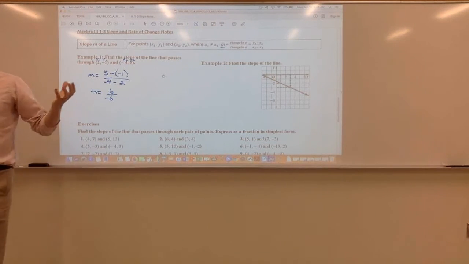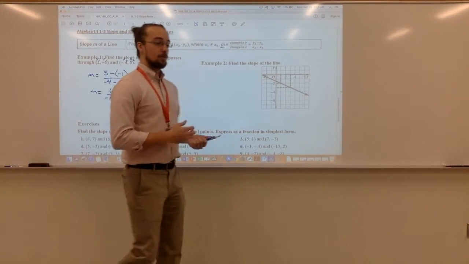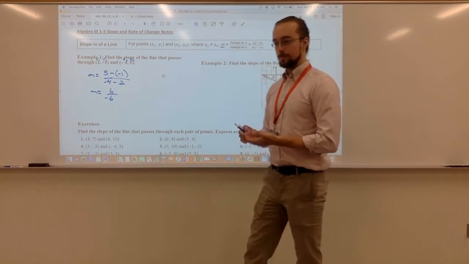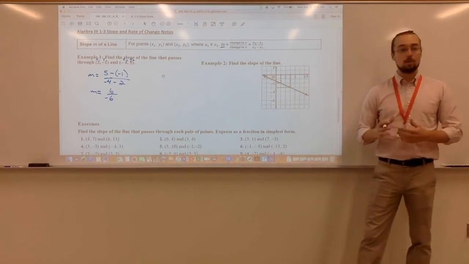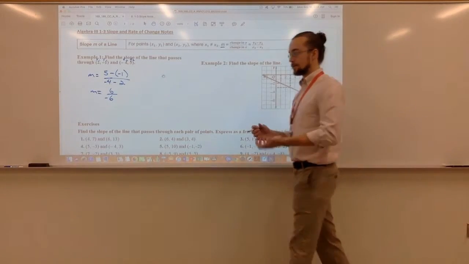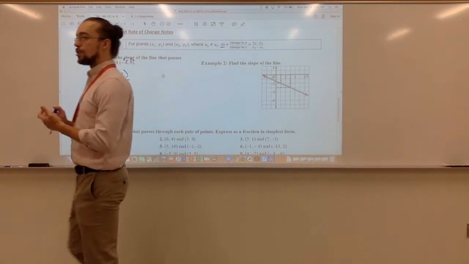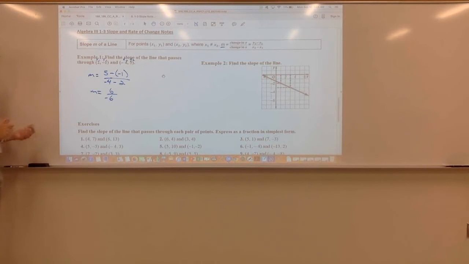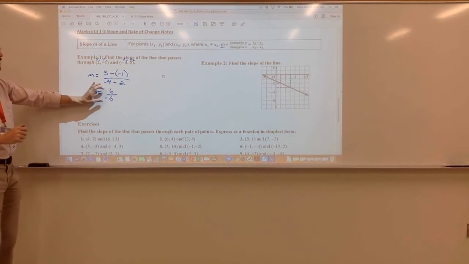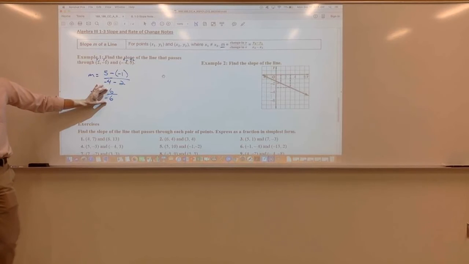In our table examples, when we were talking about real life things, we got a decimal. It makes more sense to talk about a decimal or a whole number in a real life situation. But if we want to talk about slope on a graph, it makes sense to leave it as a fraction. So when we get this fraction, we want to reduce it as far as possible.